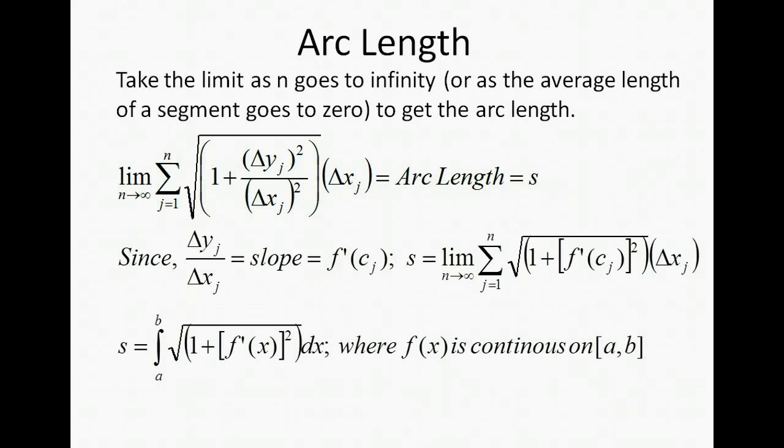So we have the integral from a to b, the 2 endpoints of the arc length that we're looking for, of the square root of 1 plus f prime of x squared, and the delta x just became dx. As long as your function is continuous on the interval from a to b, this will be a good formula for us to find the arc length.